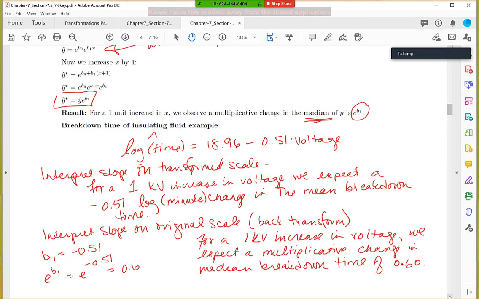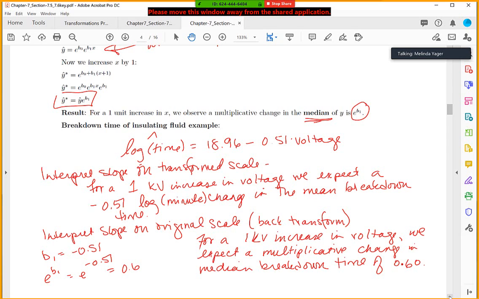Okay. All right, so when we interpret on the transform scale, essentially it's the same as what we would do if we hadn't done any transformation. So you can see that it's just talking about a 1 kilovolt increase in voltage. We expect a negative 0.51, that's my slope, log per minute change in the mean breakdown time.